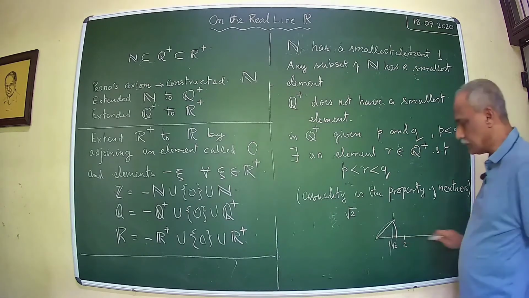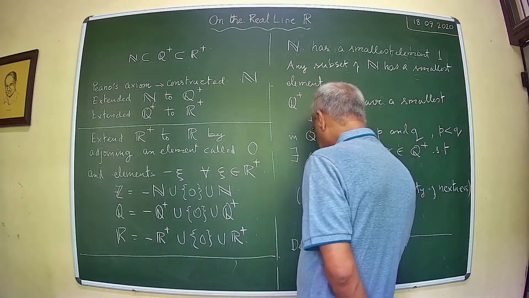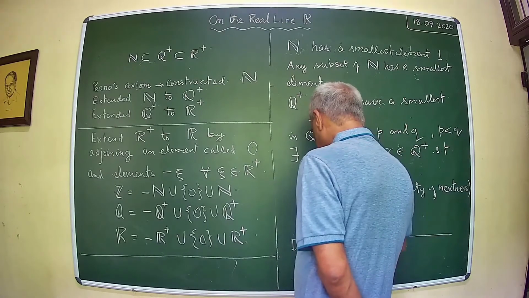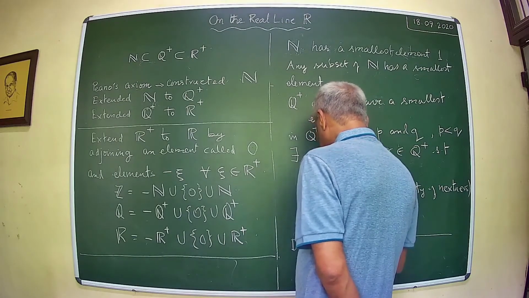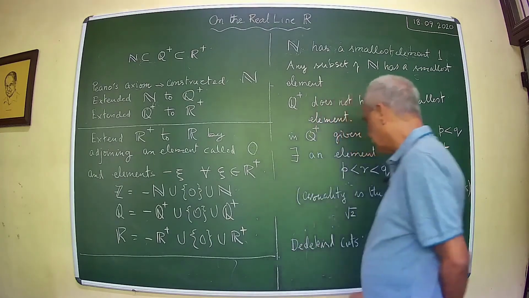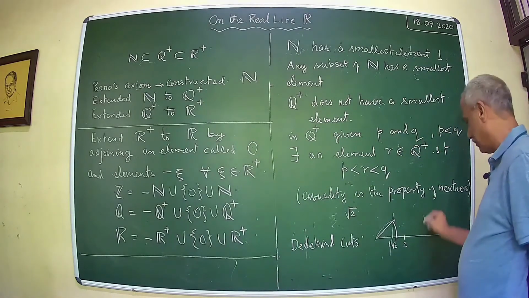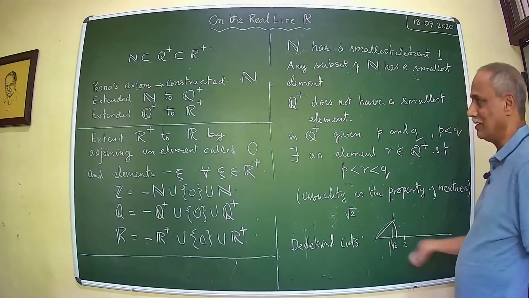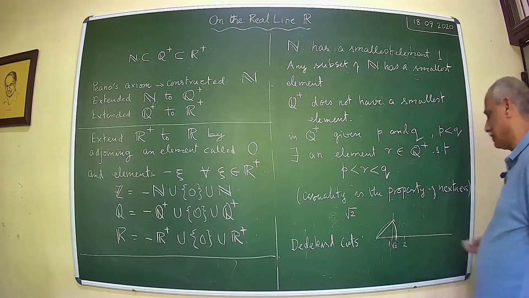Now it is for this one that Dedekind, in a very natural way, caught hold of everything using cuts. Look at the definition of cuts and how it captures these kinds of objects.